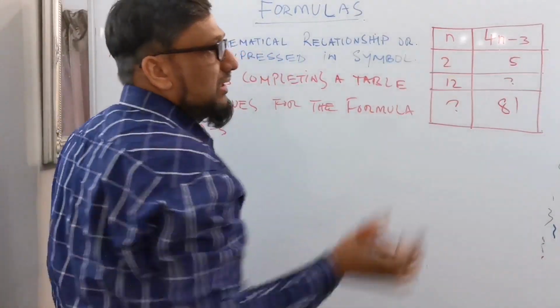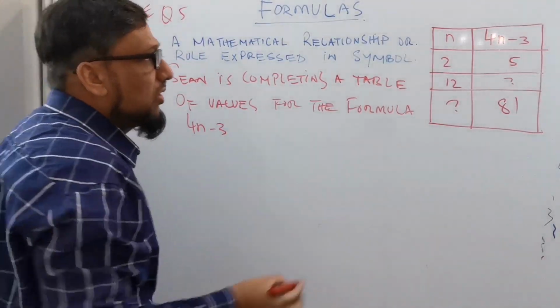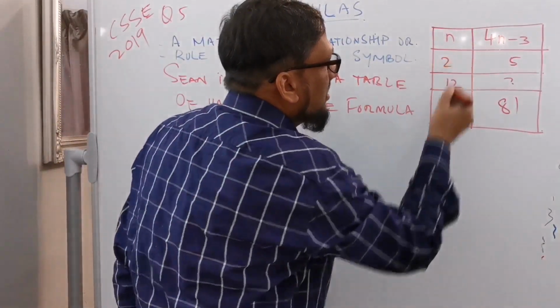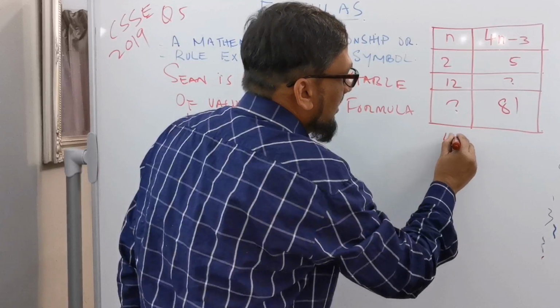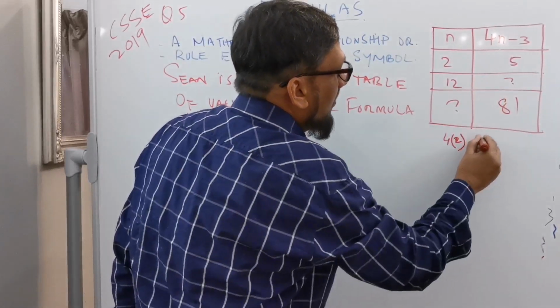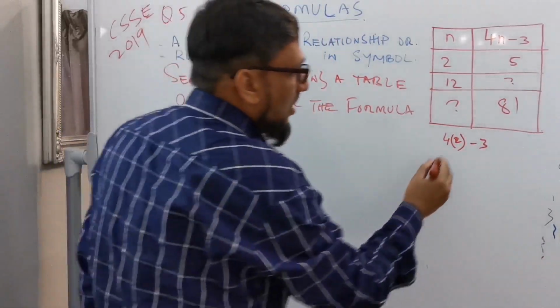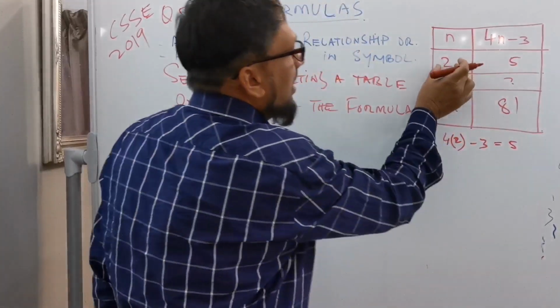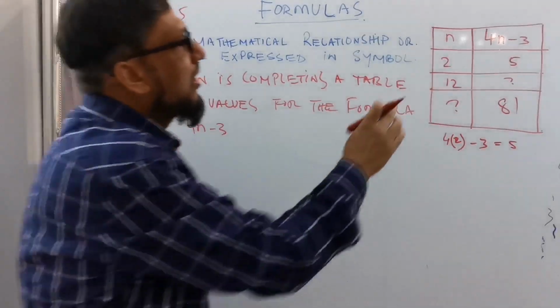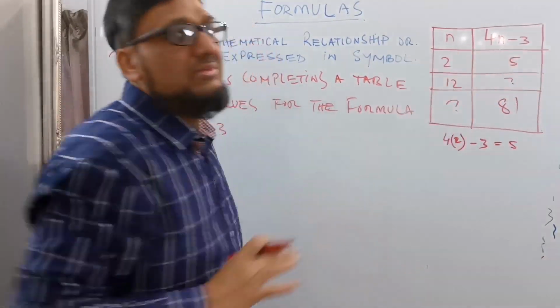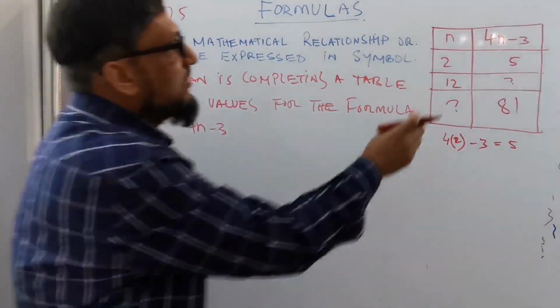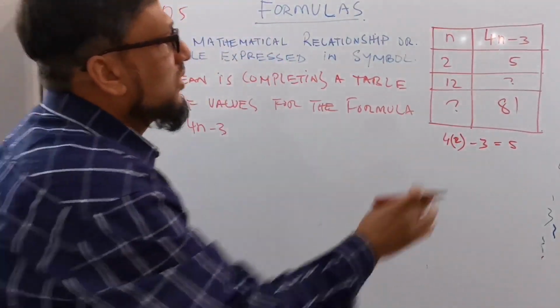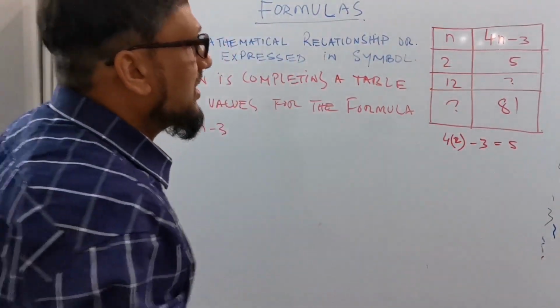So let me verify this one quickly. n is 2. So 4 times 2 minus 3. 4 times 2 is 8. 8 minus 3 is 5. So if the value of n is 2, your answer comes to 5. Same for the value 12. What's the missing number? We can work it out easily.